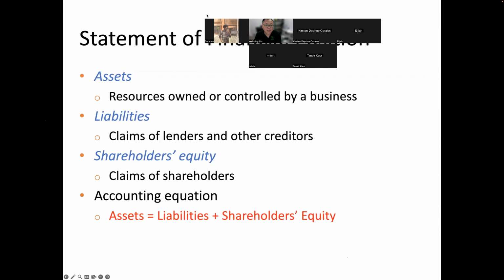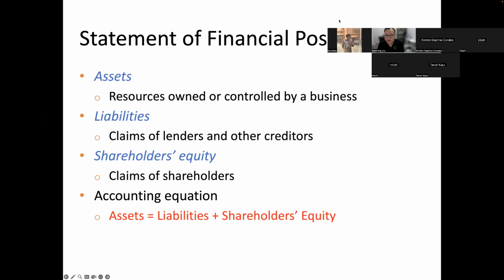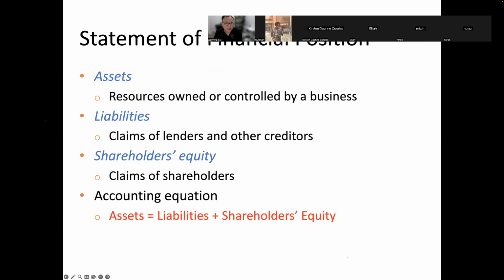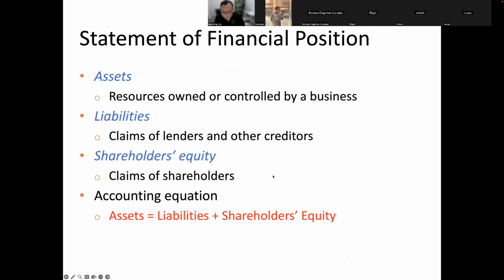So now let's talk about the statement of financial position. The statement of financial position gives you a picture of what the company has at a certain point in time. This is not a period of time, it's a point in time. That's the major difference, right?